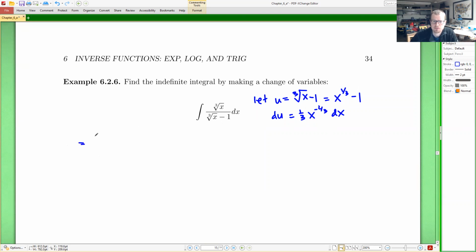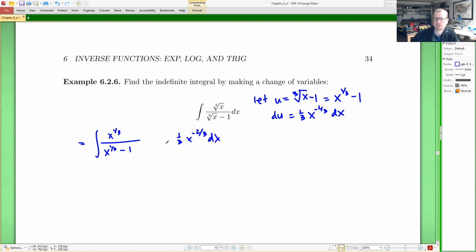This is going to be equal to the integral of, now I'm going to do a few manipulations here. So this is x to the 1/3 divided by x to the 1/3 minus 1. There we go. And I need 1/3 x to the negative 2/3 dx.